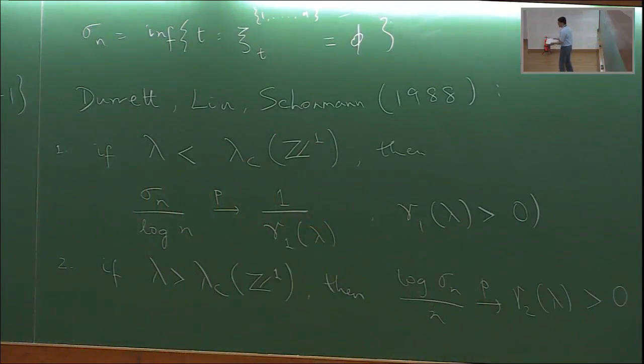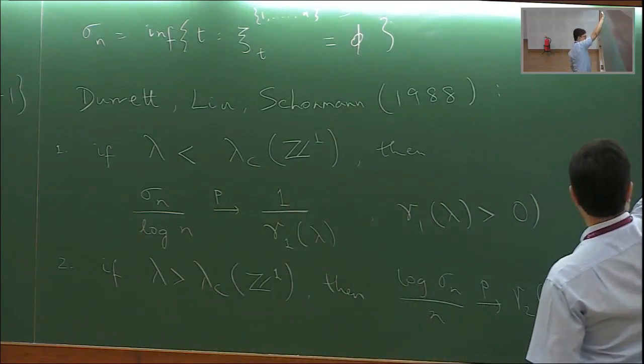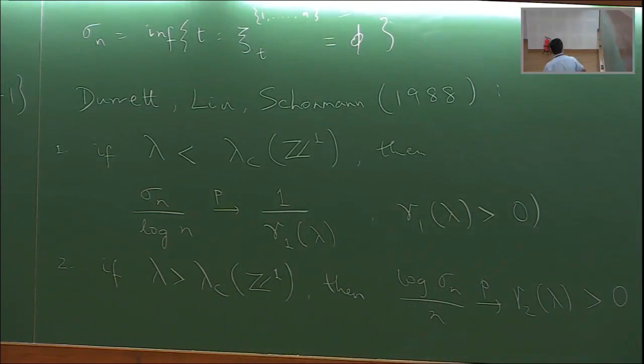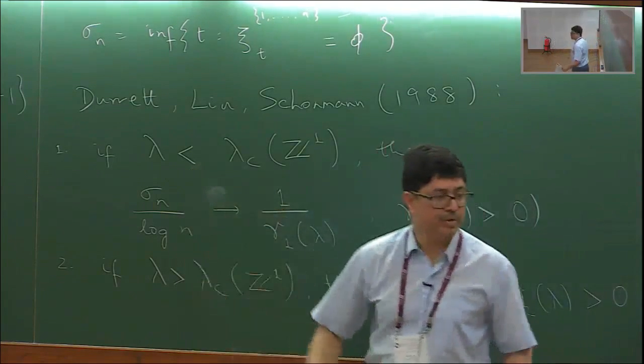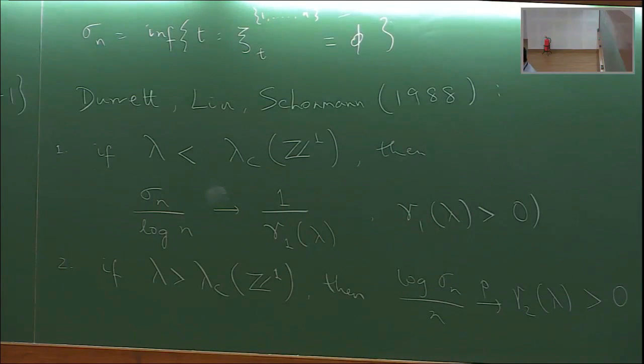These are random variables. Okay, so the second one's true. I'm not entirely sure what the mode of convergence is here. I have to ask, but at lambda critical it is polynomial. I don't remember that. I think there's a later result by Durrett, or by someone else, to that effect, but I don't think that's in this paper.